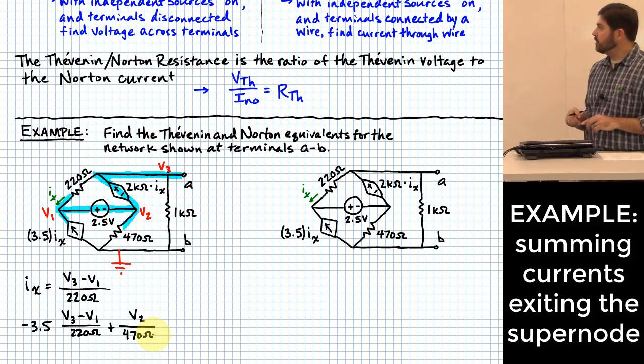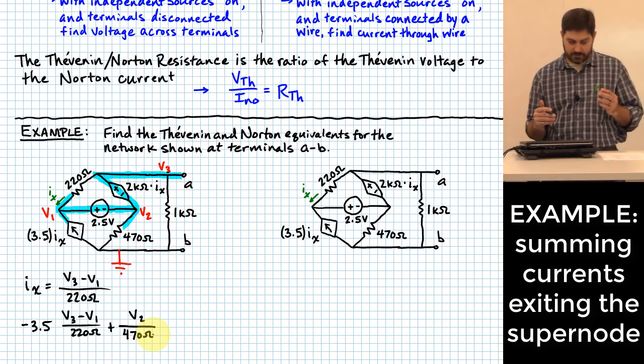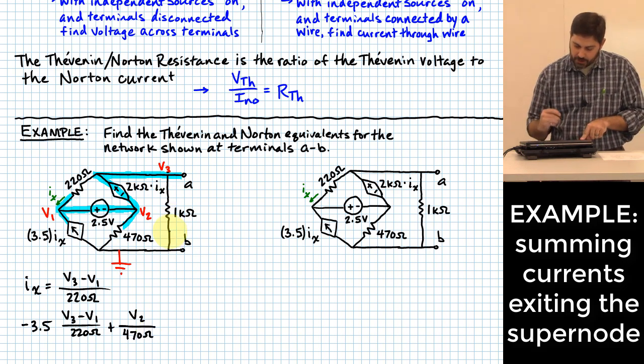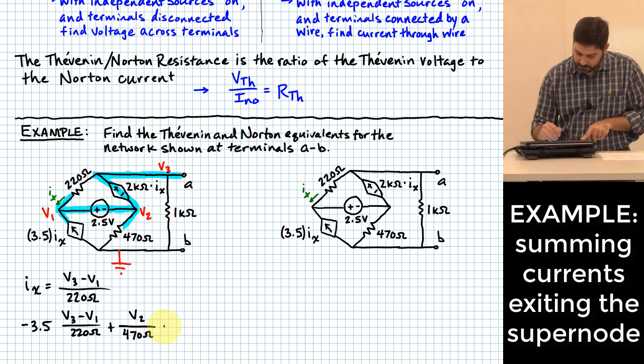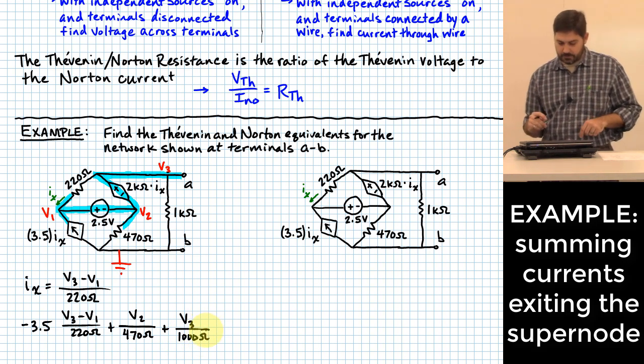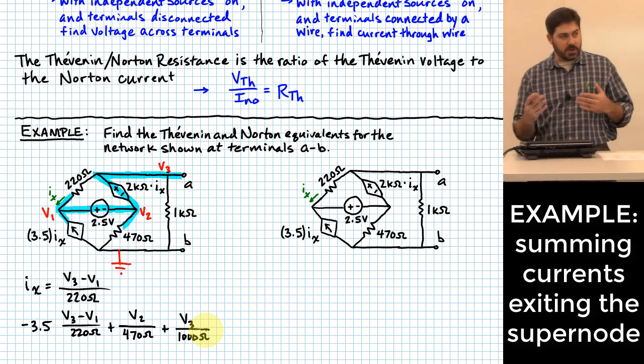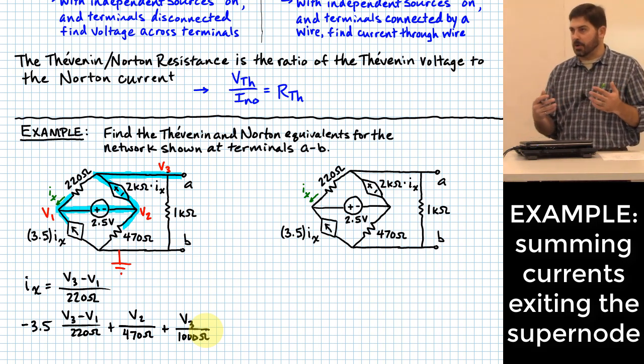Where else do I have currents entering or leaving the big supernode? I have one across the 1 kilo ohm resistor, so that would be plus V3 over 1,000 ohms. Anywhere else that I would have currents entering or leaving my big supernode?